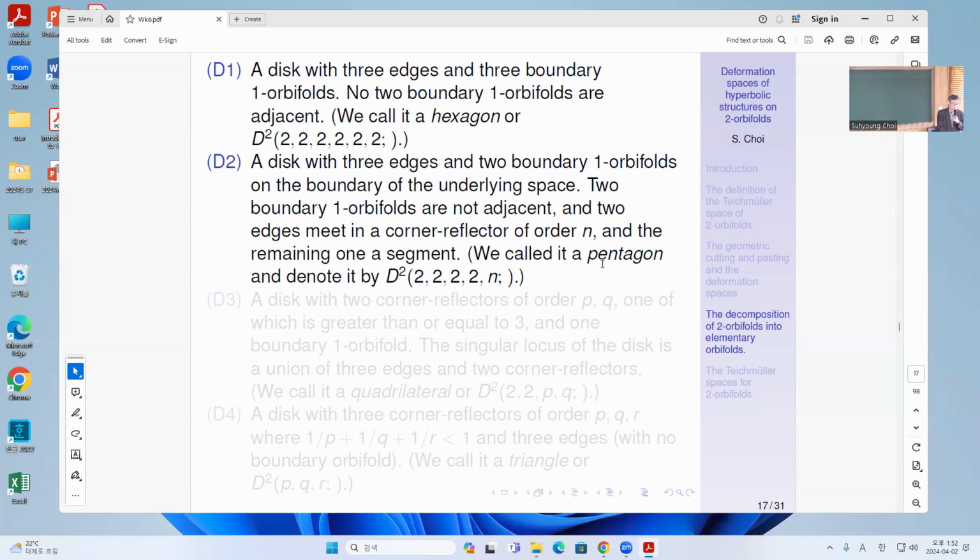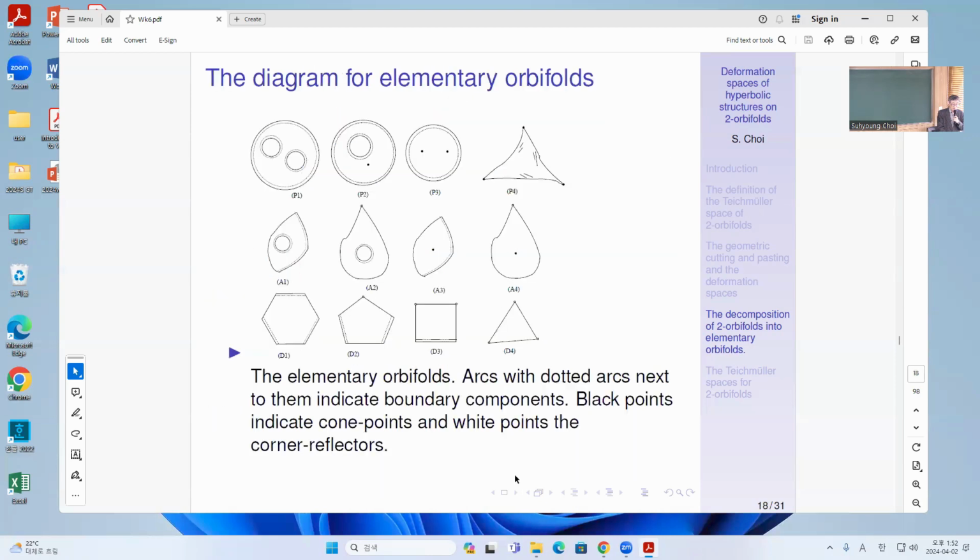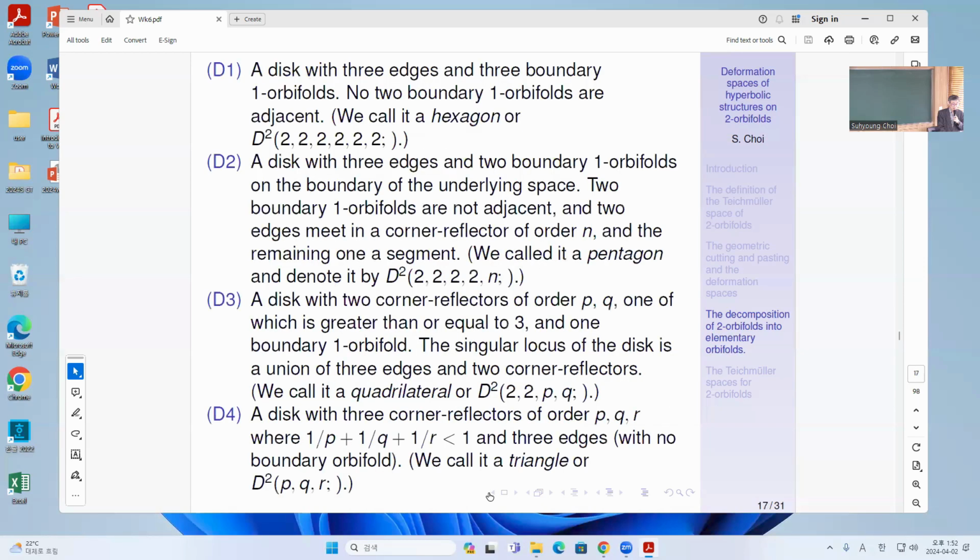A silver segment is called the pentagon. If you silver everything, you get a pentagon with orders 2, 2, 2, 2, n, right? So n is at one vertex, and all the other ones are 2. If you see the picture, it'll be like this. This is silvered, and these are boundary orbifolds, okay? And this is D2.